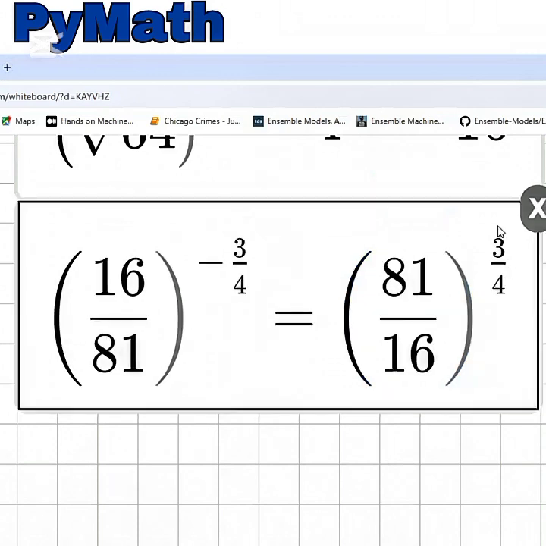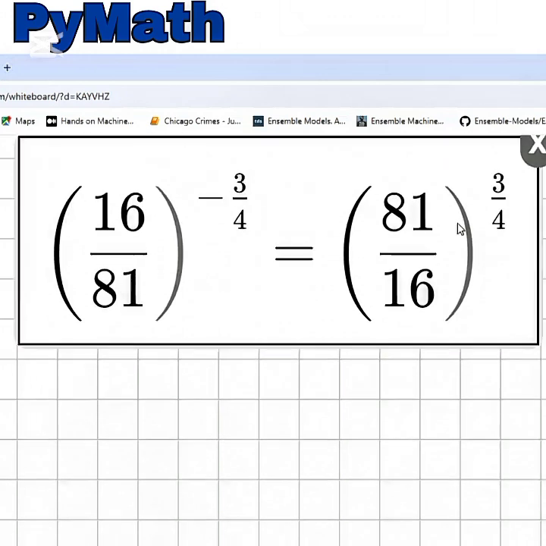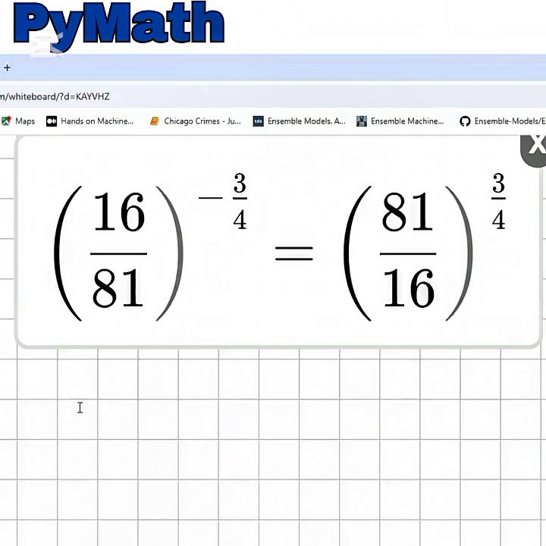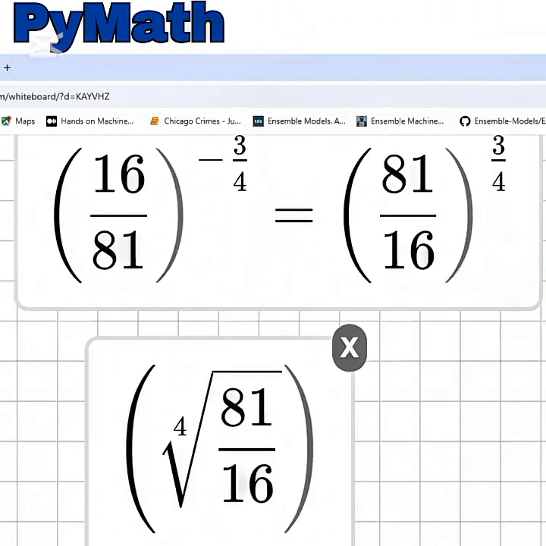Now this becomes the fourth root of 81 over 16, raised to the power of 3.